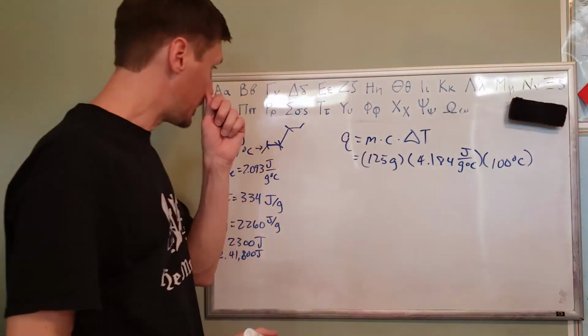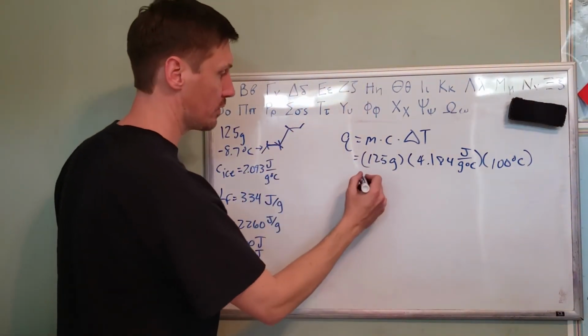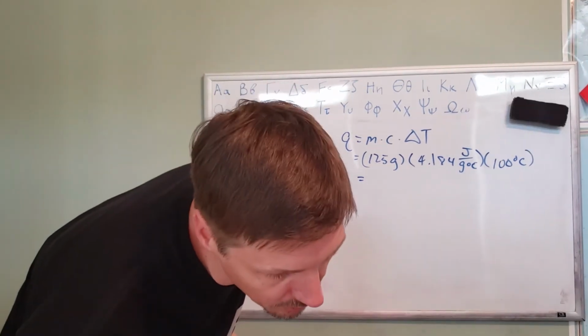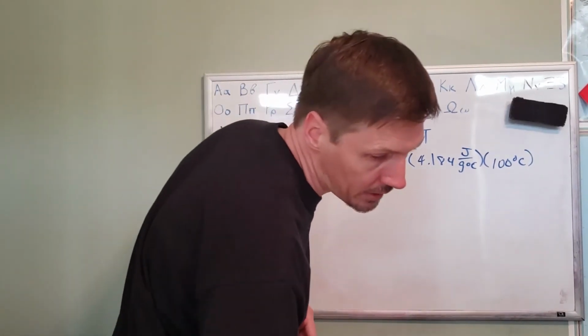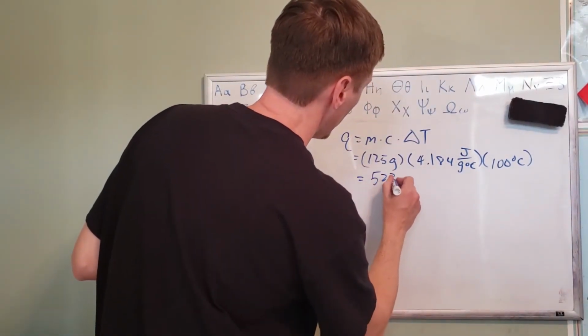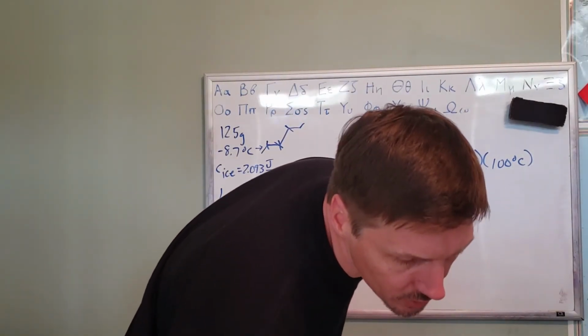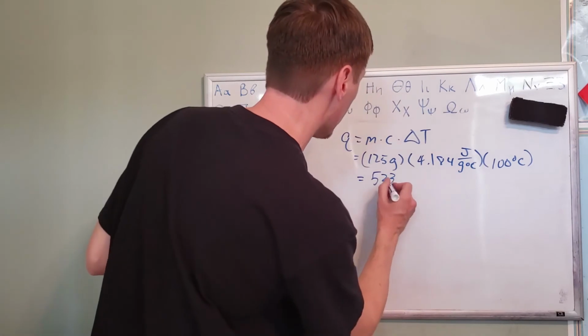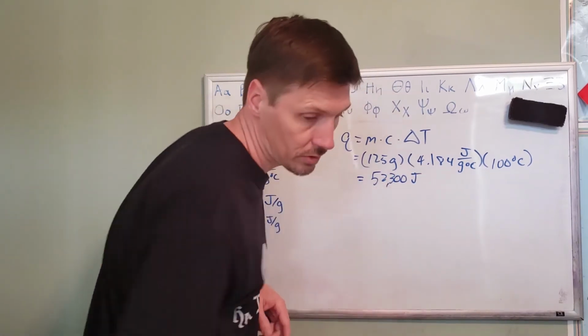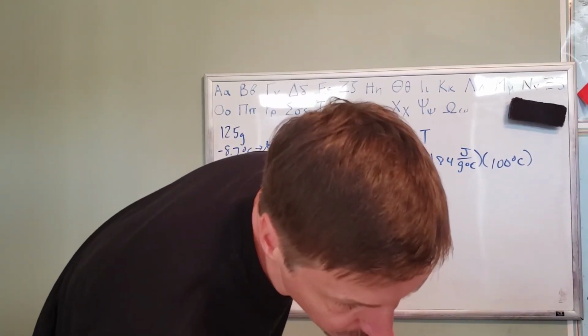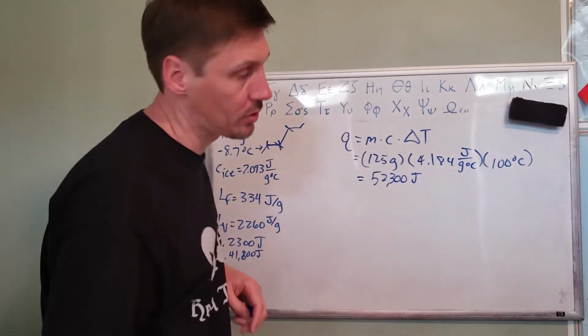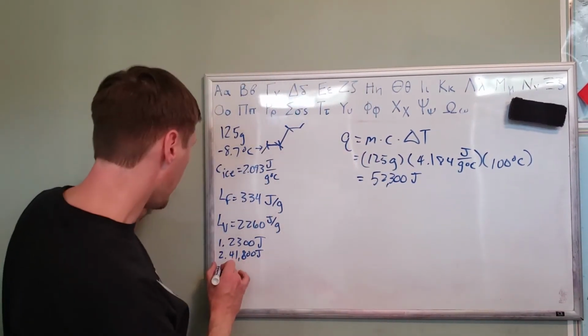That was the change in temperature during this portion of the curve. And so we punch all those numbers in our calculator and we get a value that is, actually, 52,300 joules of energy.